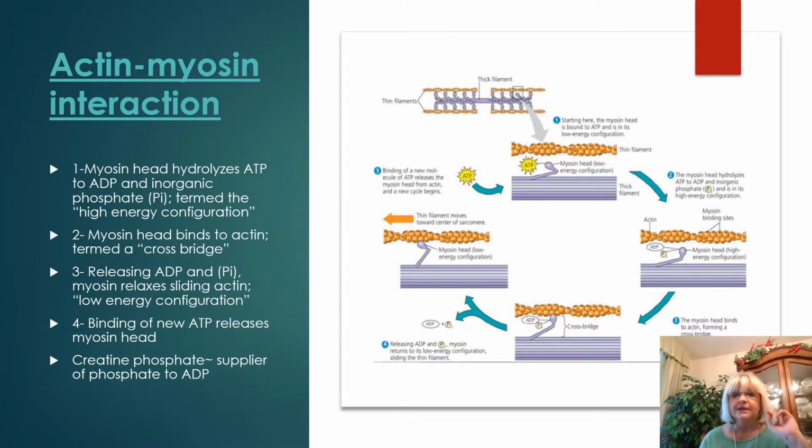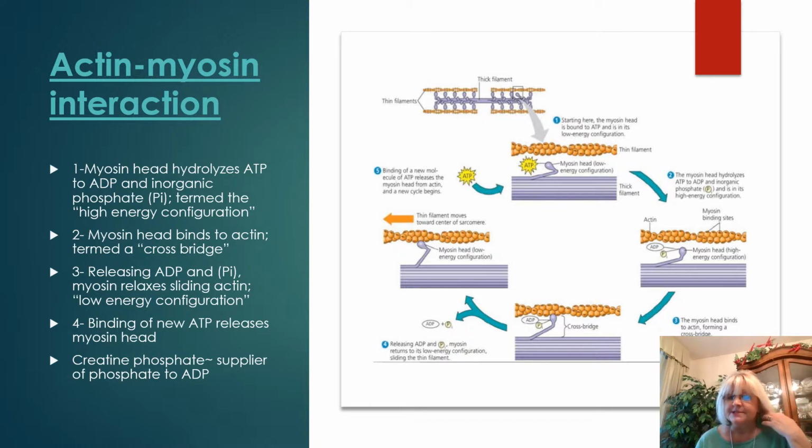superprecipitation. If you look at the diagram, it starts with 1 at the top, and this is where the myosin head is bound to the ATP. This is part of the low energy configuration. You go around to 2. This is where the myosin head hydrolyzes ATP to ADP. Then you move around to 3, which is at the bottom.